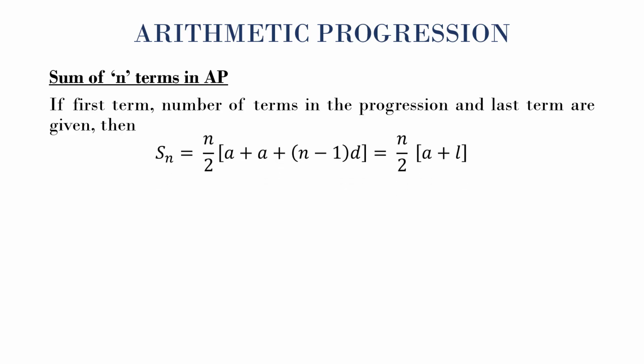Then we can write Sn equal to n by 2 into, that 2a may be split into a plus a plus n minus 1 into d. Then n by 2 into a is the first term plus a plus n minus 1 into d is the last term, that is nth term. So here we have n by 2 into a plus l, where a is the first term and l is the last term. So this one multiplied by n by 2.